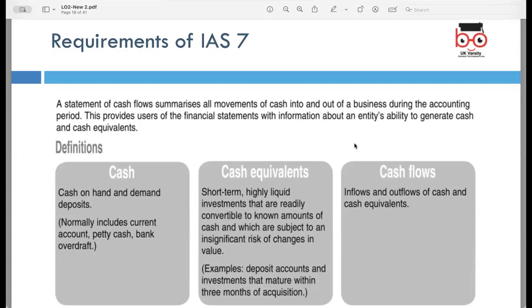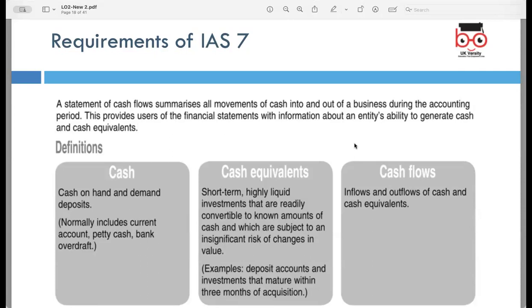So cash and cash equivalents. Cash includes cash on hand and demand deposits such as current accounts and petty cash, as well as bank overdrafts that are repayable on demand. Cash equivalents are short-term, highly liquid investments that are easily convertible to known amounts of cash and carry minimal risk of value changes.